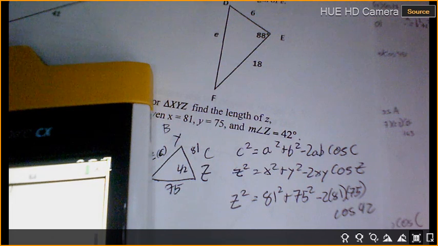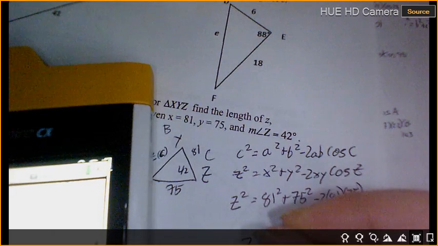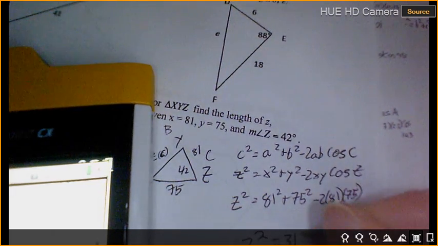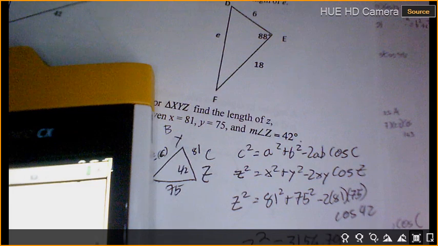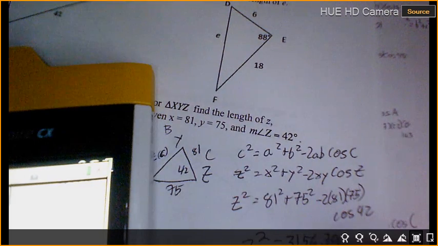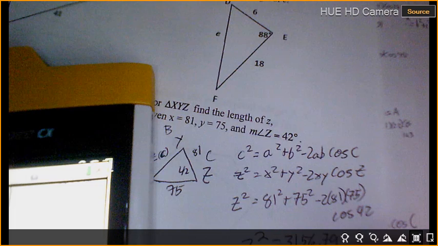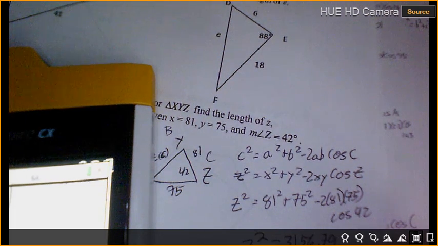Make sure you use a subtraction sign, not a negative sign. 2 times 81 times 75 cosine 42. And I get z squared equals 3,156.79, and then I'm going to take the square root of that answer. And I get z equals 56.19.